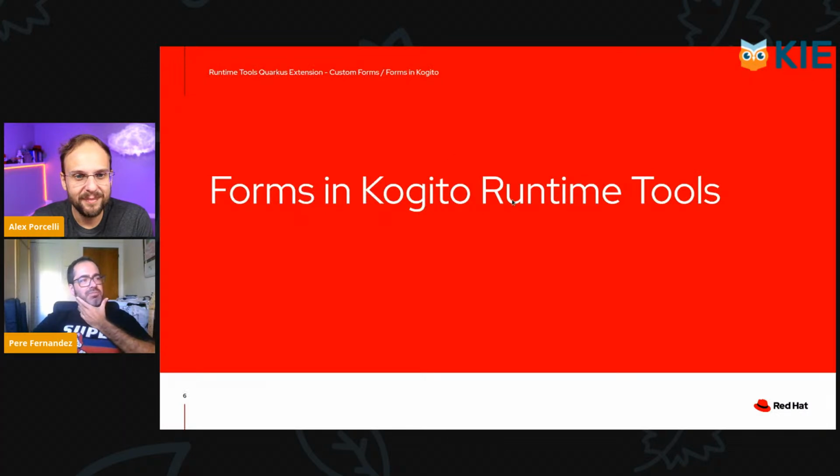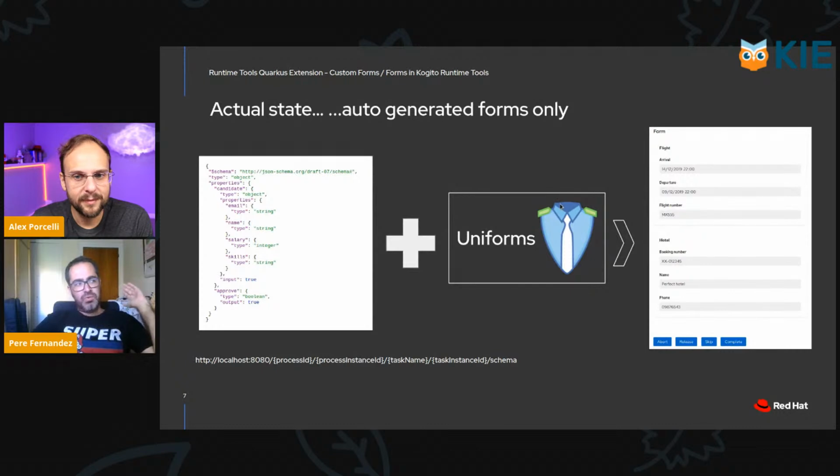So let's talk about the forms in Kogito runtime tools right now. Right now, we only have auto-generated forms. The runtime provides us a JSON schema, something similar to this, in a REST endpoint. And our runtime tools, which could be our Quarkus extension or the task console, use Uniforms to convert this JSON schema into a form like this on the screen.